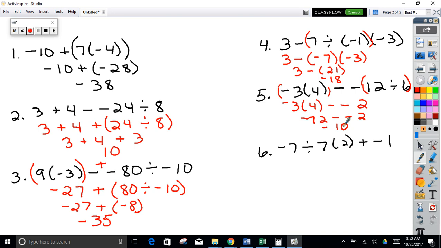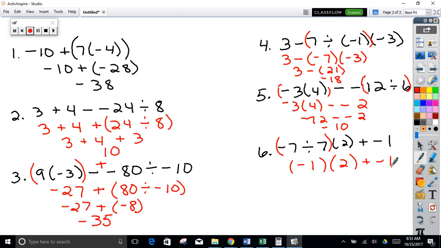Anybody who got negative 3 who went from left to right? Devin? Negative 7 divided by, well, I put parentheses around negative 7 and 7. Okay. Negative 7 divided by 7 equals negative 1. Okay. And then bring everything down. Okay.